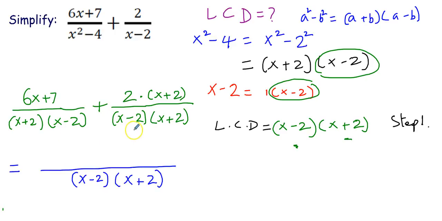Now let us combine these two rational expressions. As I already have those two denominators that are same, so instead of writing it twice, just write it once and then copy the remaining numerators. So we have the leftover numerator is 6x plus 7 over x minus 2 times x plus 2. We already have it.